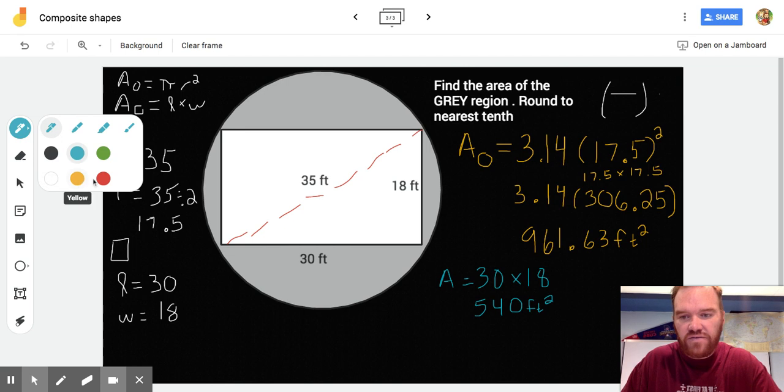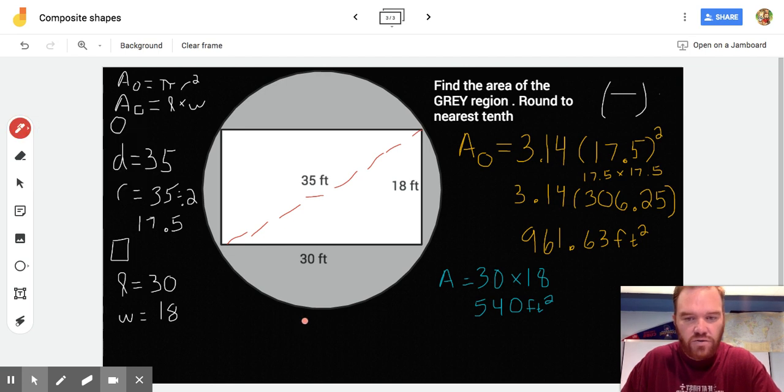So to finish off, we do 961.63 minus 540. The other reason this makes sense is that we're taking the area of the circle and taking the rectangle out of it.